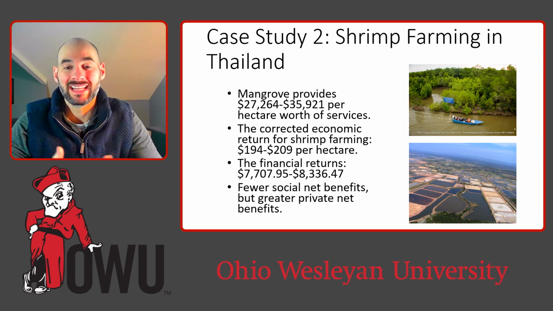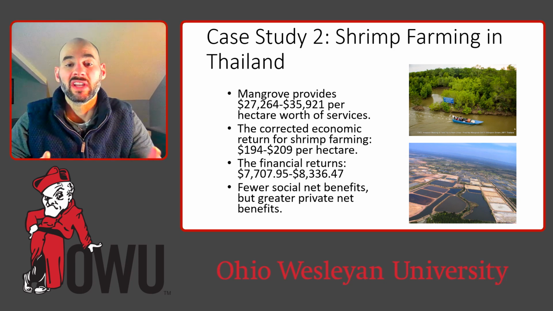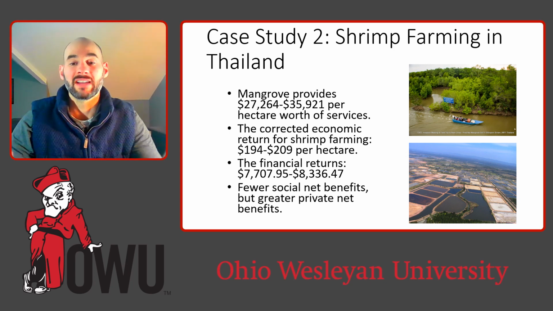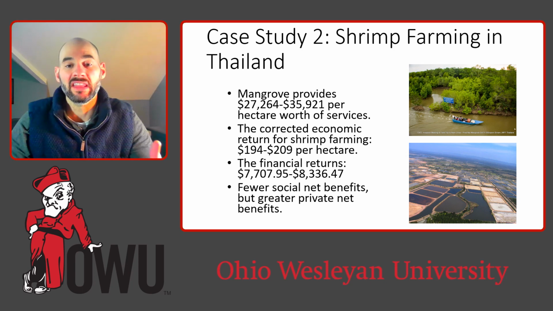But again here, when you take into account the damage to the mangroves, and if the goal is ever to replace the mangroves, then that quickly becomes negative, and the cost is prohibitive. Cost benefit analysis here would suggest to leave the mangroves intact, continue traditional farming for fish offshore, and not to convert them into shrimp farms.